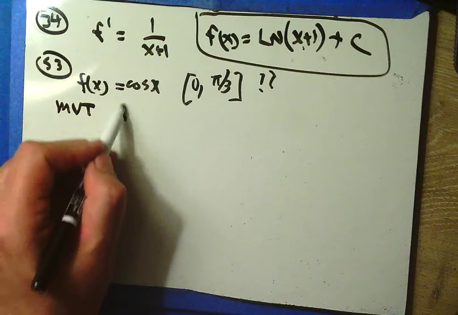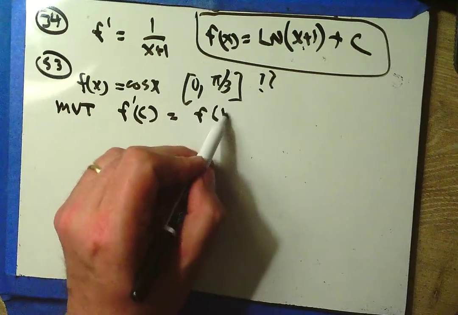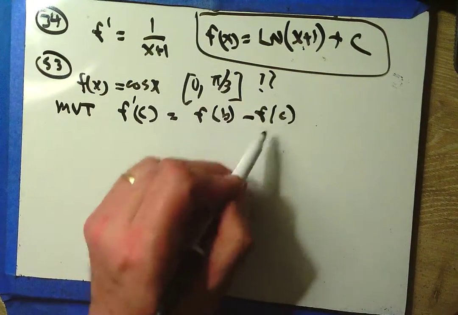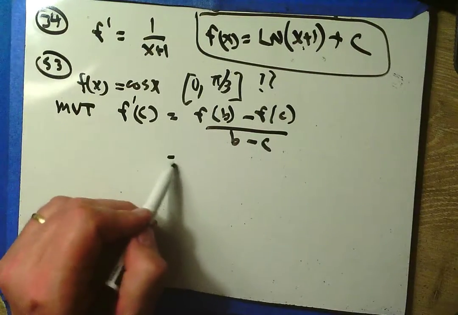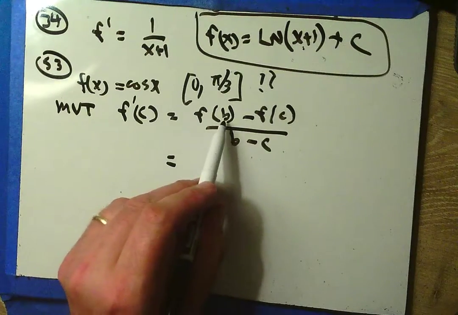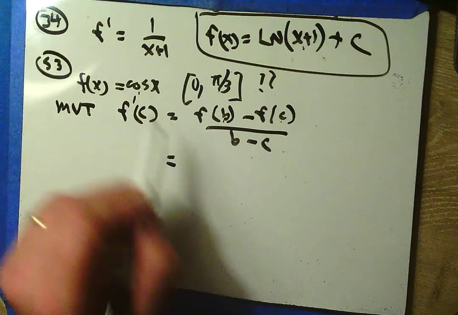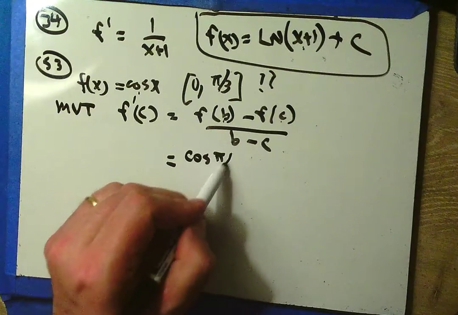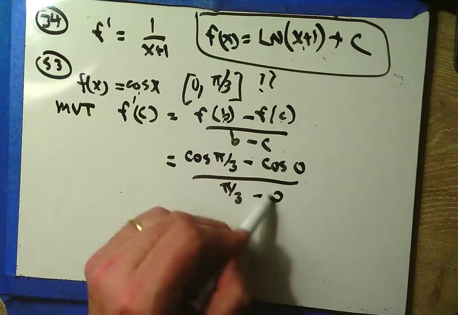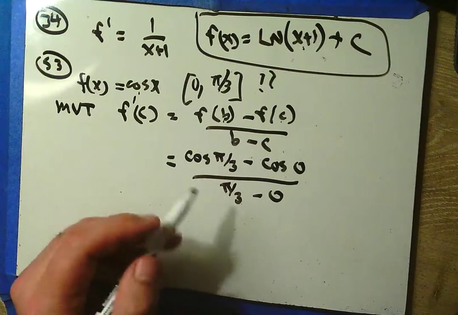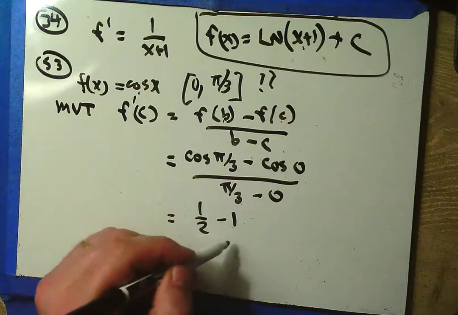And so then we know that f prime at some point needs to equal f of b minus f of a over b minus a. And so in our problem, b is pi over 3, a is 0, and our f is cosine. So cosine pi over 3 minus cosine 0 over pi over 3 minus 0. Well, what is the cosine of pi over 3? That's 1/2. The cosine of 0 is 1.